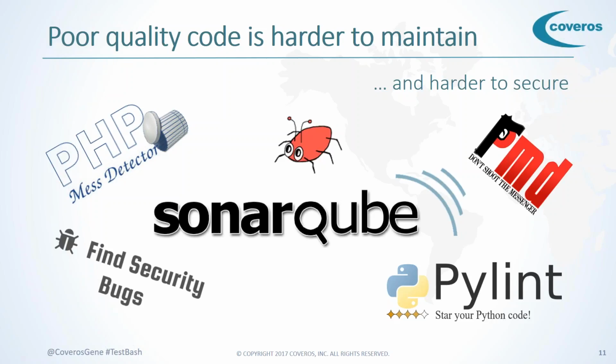All right. So once you've pared down the libraries you're including and made sure your code is as small as possible, the next step is to clean up your code, right? Poor quality code is harder to maintain than clean code. So start using things like static analysis tools to look for security holes, duplicate code blocks, style issues, declared but unused variables, confusing code, race conditions, SQL injection, resource leaks.